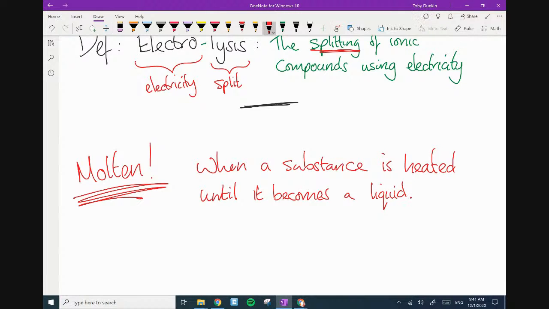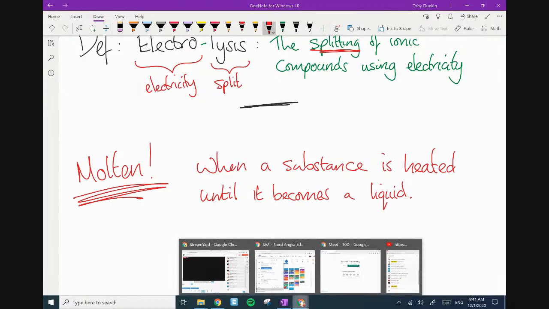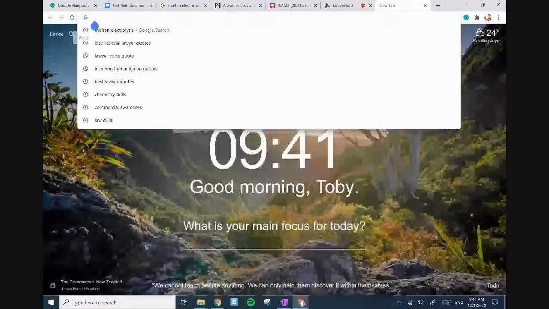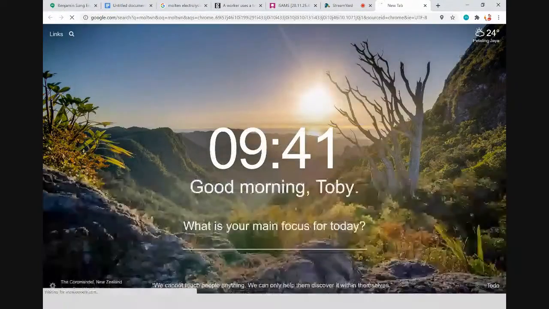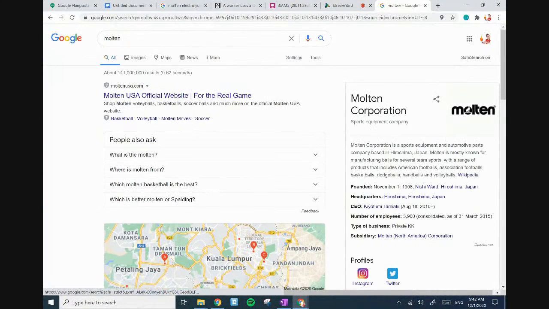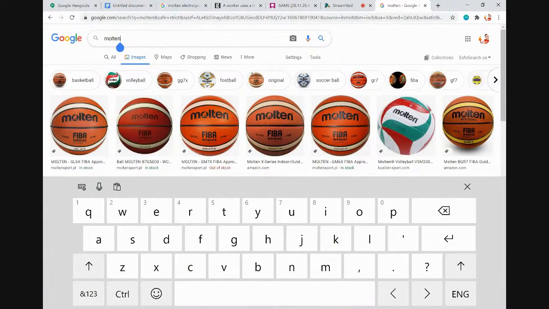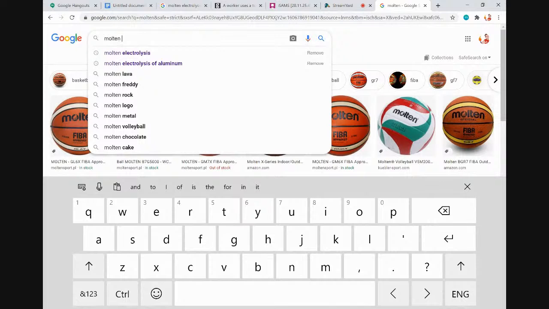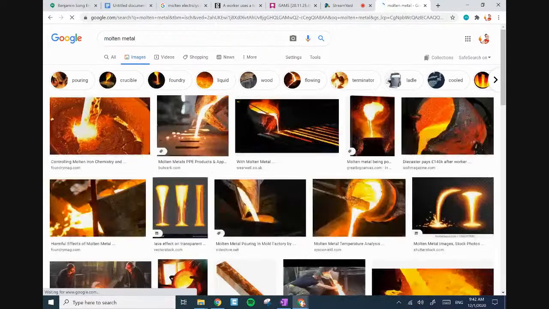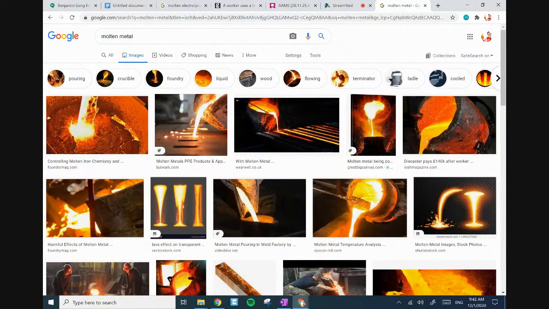Just to show you an example of this, it's always nice to use the internet for useful things. So we can go molten, Google images, and it'd be interesting to see what it gives me. Excellent, it's given me a basketball. Fantastic. Let's do molten metal. Look at that. That molten metal is a liquid hot metal, so hot you're talking thousands of degrees at times.